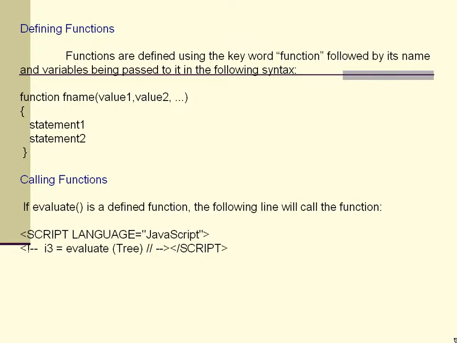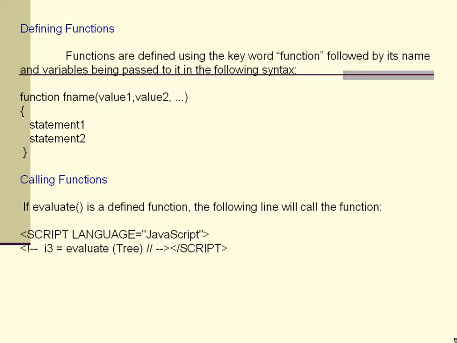Functions in JavaScript. Functions are defined using the keyword function followed by its name and variables as arguments being passed in parentheses. For calling the function, we will be calling it by using the name of the function.